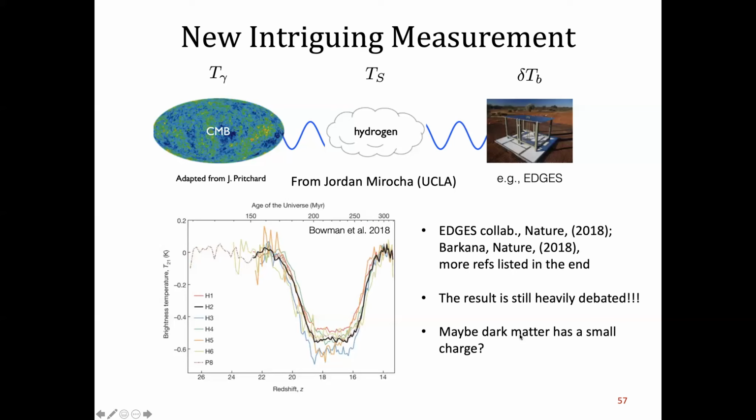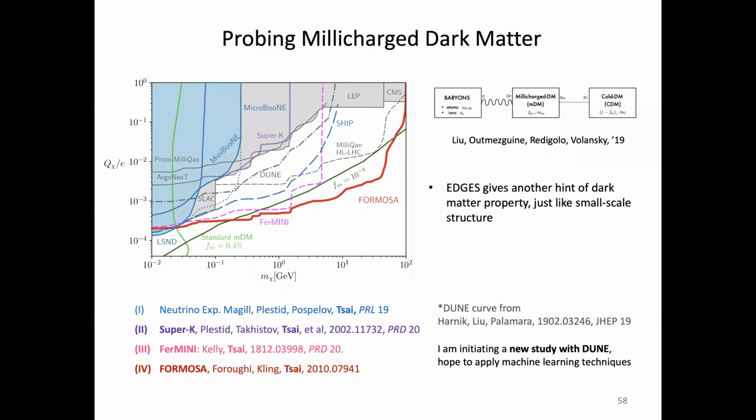Directly motivated by this experiment to say dark matter is millicharged, it's very shaky, but we can still think about this. So if you really think that a millicharge particle can be used to explain this, if you have the normal millicharge particle by itself, this is the parameter that can do that. But if you also allow some model building, you can expand the parameter space to be much larger.